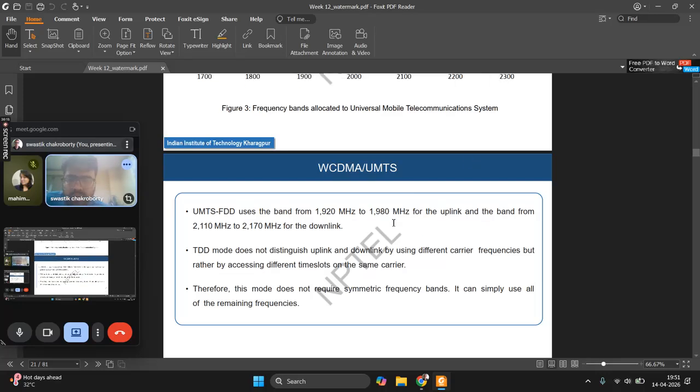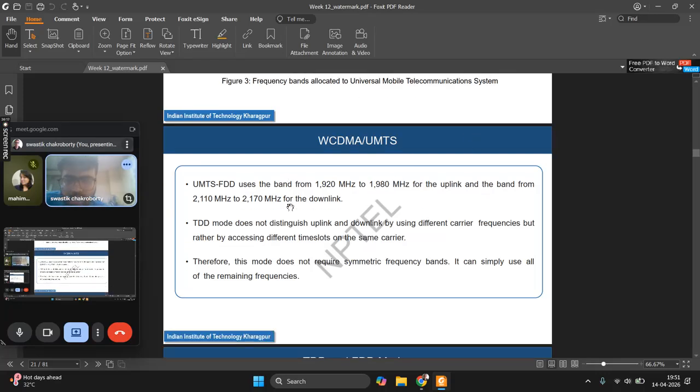Now, UMTS FDD uses the bandwidth from 1920 to 1980 for uplink and 2110 to 2170 for downlink. TDD mode does not distinguish between uplink and downlink by using different carrier frequencies, but rather it can make do with the same frequency and access different time slots.